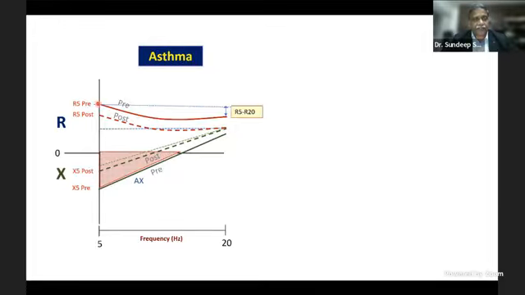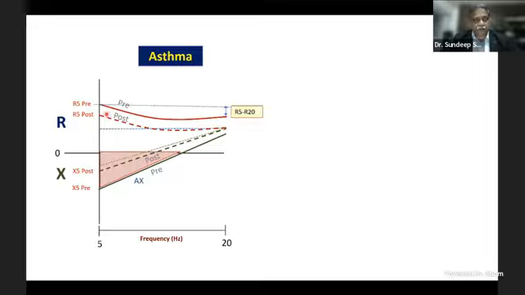Now, see what has happened in a patient with asthma. The R5 value compared to that of a normal healthy individual has increased. So this is pre-bronchodilator, increase in R5. What has happened to the R20 value compared to that of a normal healthy individual? R20 is also increased. And the R5 minus R20, which is the gap between this point and this point, is also increased.